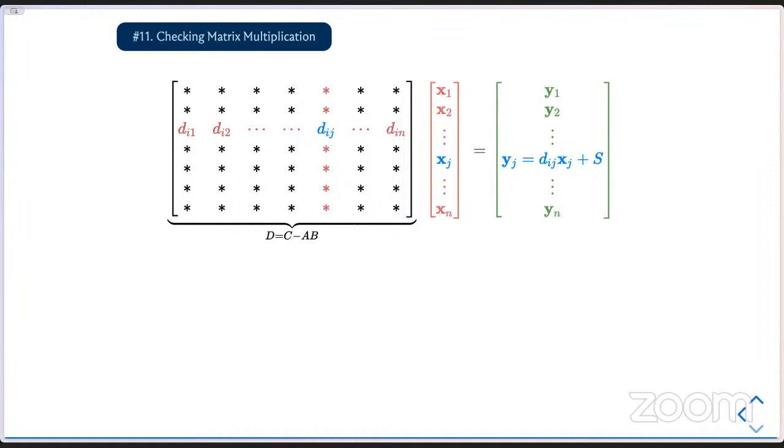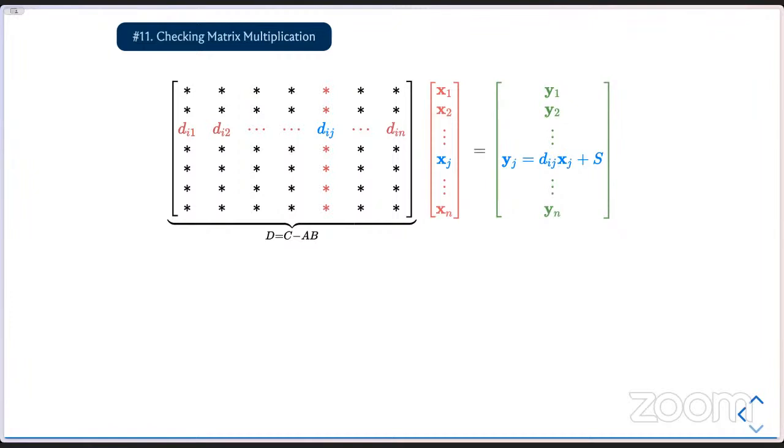So any matrix multiplication algorithm has to spend n squared units of time just writing the output, forget about the computational overhead. So n squared is not an unreasonable amount of time to spend to multiply two matrices.